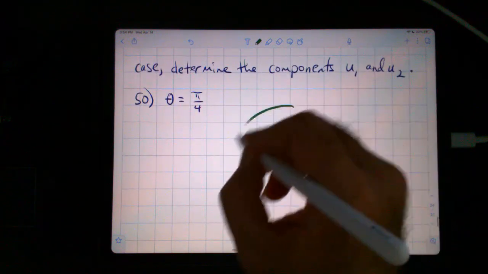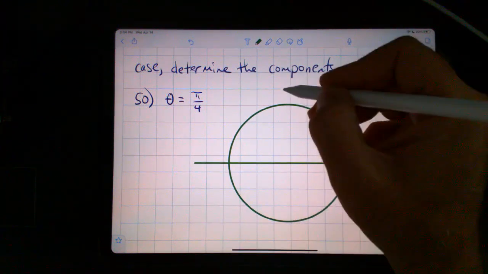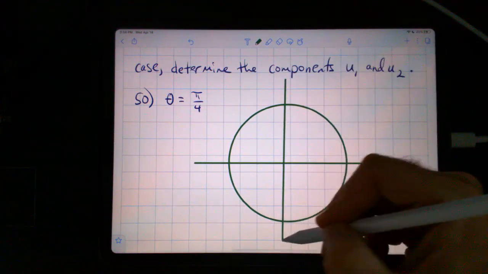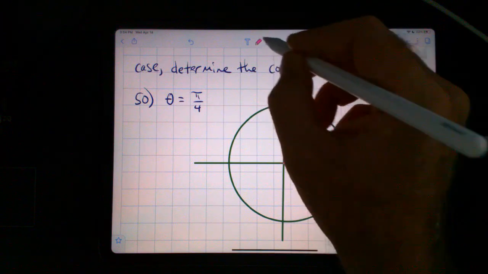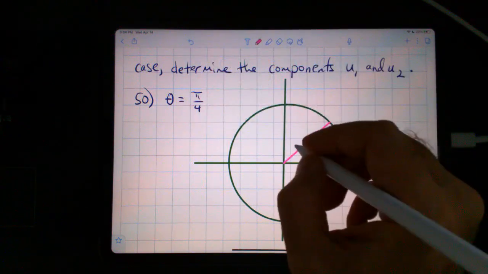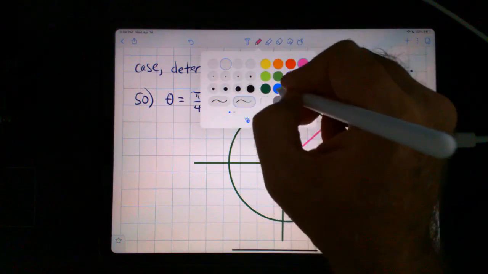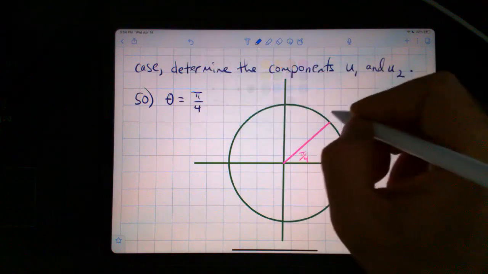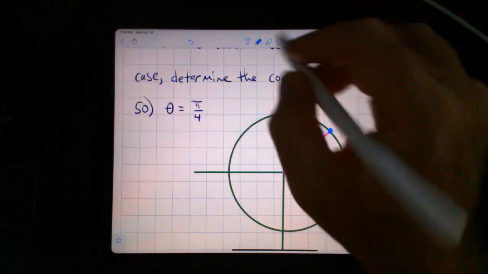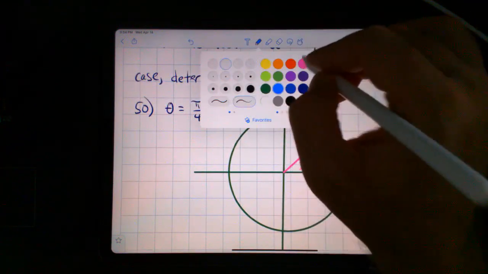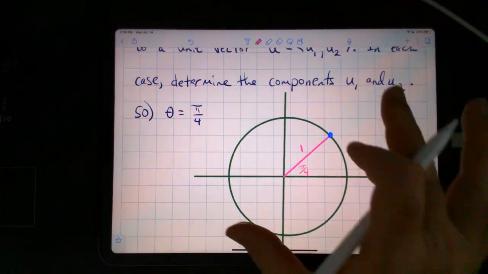What this is saying, that's what this is saying.